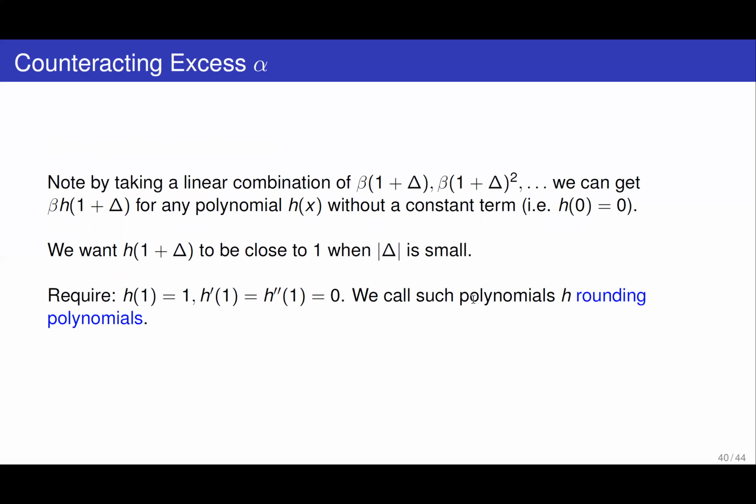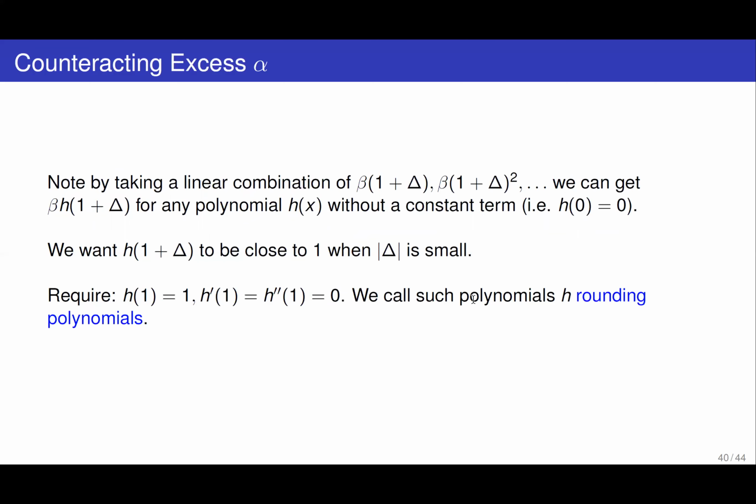Note that by taking a linear combination of beta times 1 plus delta, beta times 1 plus delta squared, and so on, we can get beta times h of 1 plus delta for any polynomial h without a constant term. So we want h to be close to 1 when the absolute value of delta is small. And there are a few technical requirements for h. We want h of 1 to be 1, and the derivative and second derivative of h at 1 are both 0.